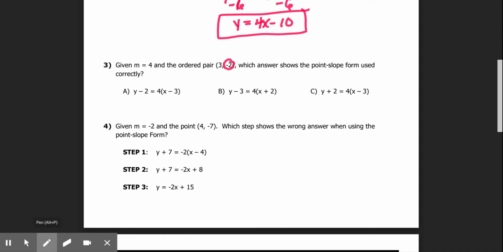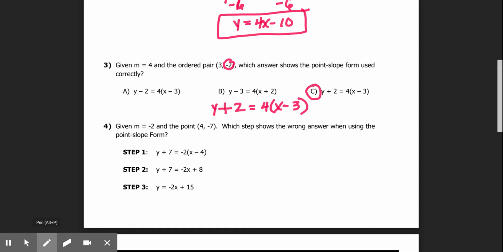So I'm going to go ahead and write it down first, and then we'll compare the answer choices. So it'll be y minus a negative 2, which is going to become a positive 2, equals, your slope is 4, open parenthesis, x minus, and your x value in the ordered pair is 3. And so then we just kind of compare it, and it looks like it's going to be answer choice C.